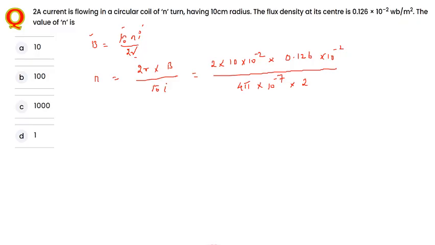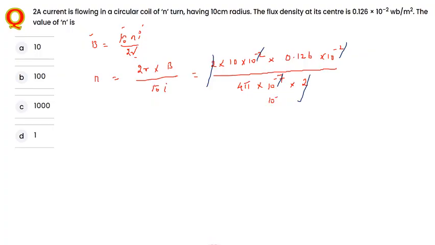Now you just cancel the common terms over here. See, 2 and 2 will be cancelled, this 2 and this 2 will be cancelled, and here this is 10 power minus 2 and this is 10 power minus 2, and 10 power minus 7 will be cancelled, and what you're going to have here is 10 power minus 3.